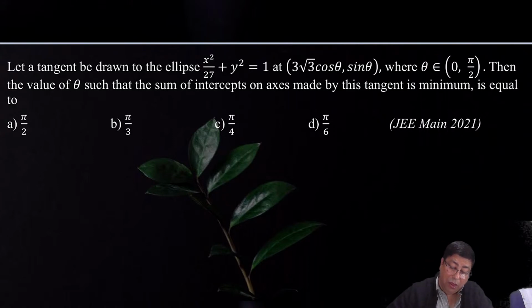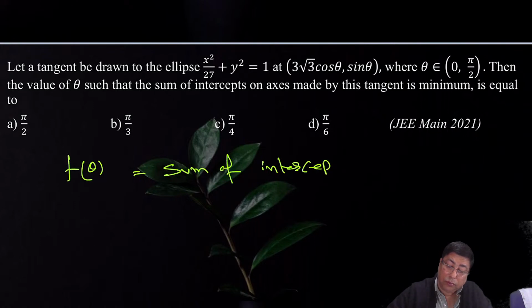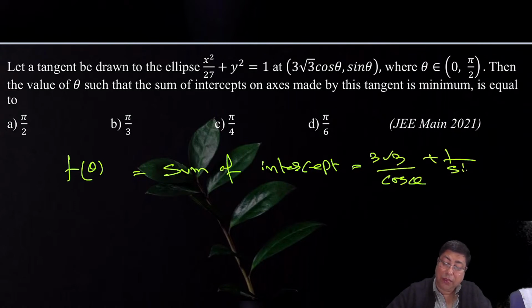Okay, so let f of theta equal to the sum of the intercept. Sum of the intercept is coming to be 3 root 3 by cos theta plus 1 by sin theta.